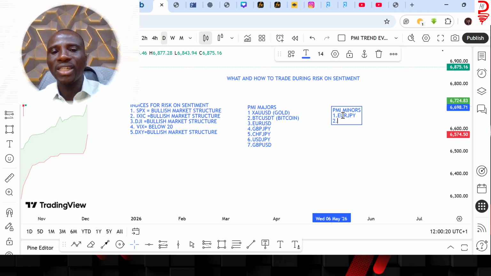For instance, if you see a buy signal on GBP JPY and you see a buy signal on Euro JPY, given the fact that by the time you compare the interest rate between GBP and JPY, you will see a very wide gap in most cases, and that of Euro and JPY is better off, you pick the trade on GBP JPY, all other things held constant.